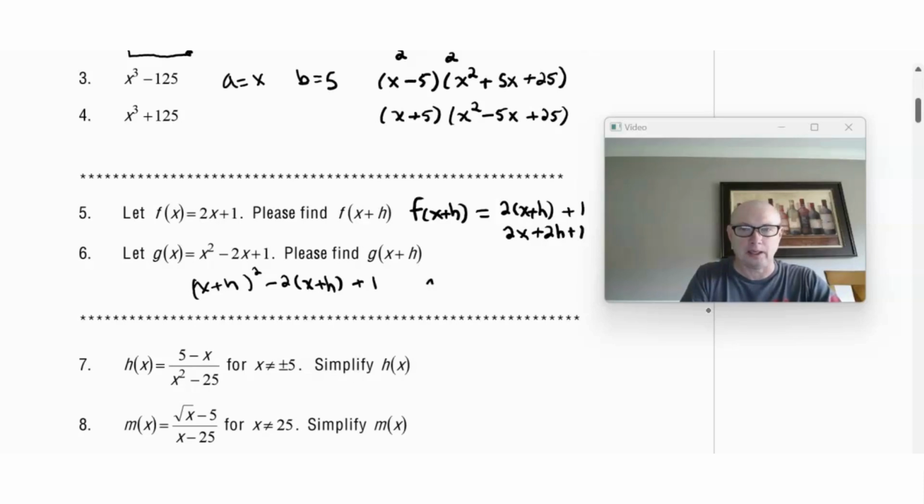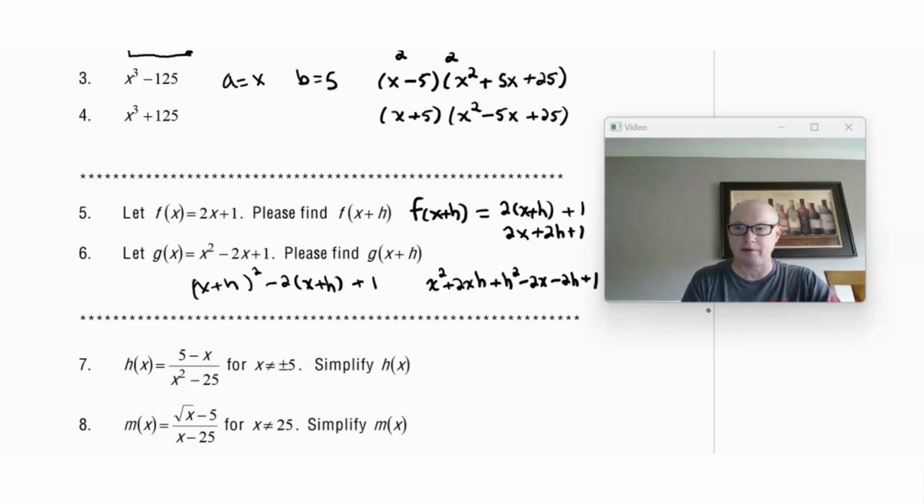So this would be x squared plus 2xh plus h squared minus 2x minus 2h when we distribute plus 1. And then we want to combine like terms here. Do we have any like terms? It doesn't look like we have any like terms here, so we would be done with that one. Okay. So let's move on to the next one.